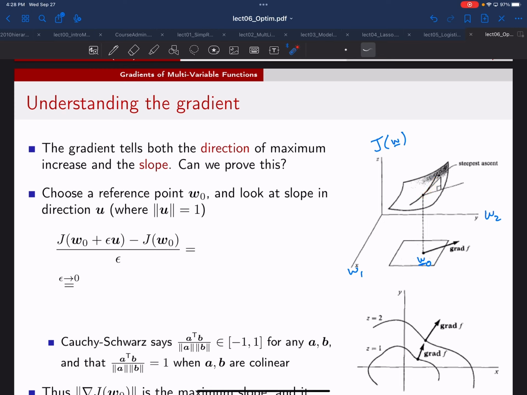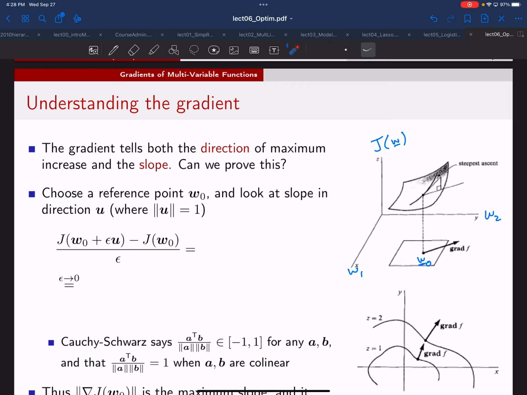So that is one thing the gradient tells you. It tells you which way to move. Now, if you measure the norm of the gradient, that will tell you the slope right at that point of that curved surface. So those are the two things, the direction of maximum increase and the slope. Okay, so is the idea clear?